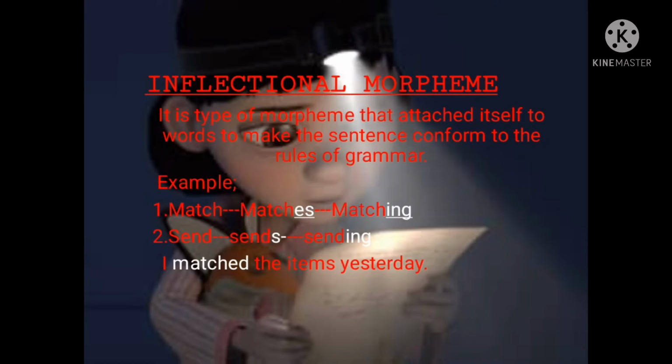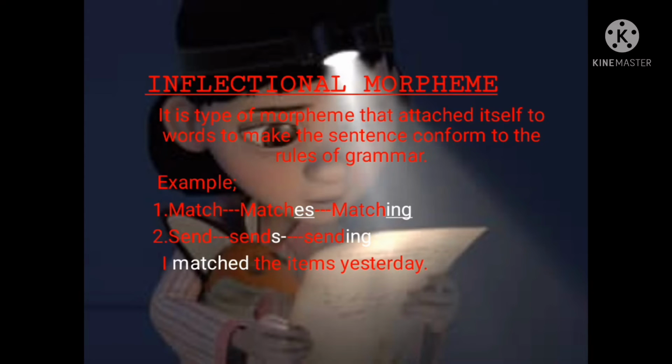Now they are saying inflectional morphemes attach themselves to words to make the sentence conform to the rules of grammar. Now you can see matching. So match, matches, and matching.